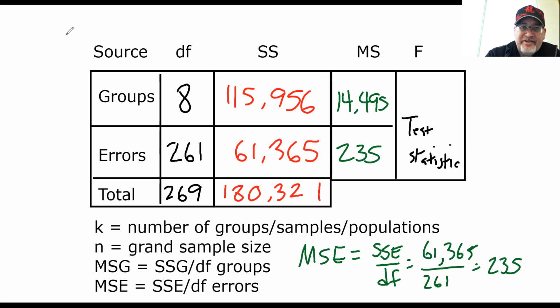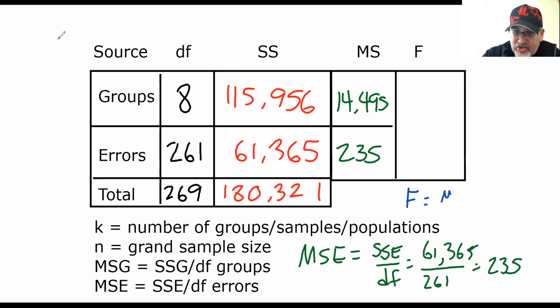And so our test statistic will just be the ratio of the MS's. Our test statistic is going to be F equals MSG over MSE.